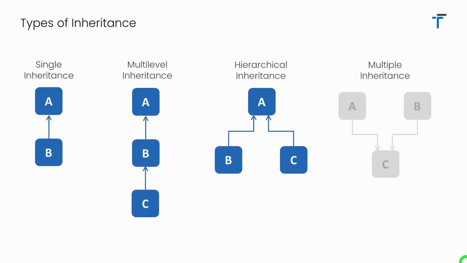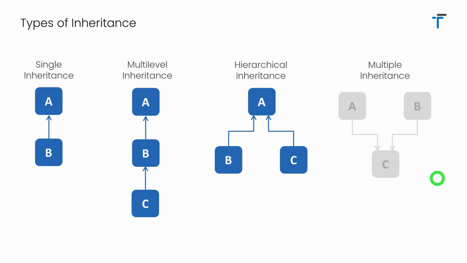The fourth type of inheritance is multiple inheritance, where we have one subclass that has multiple superclasses. You can observe here class C acting as a subclass, and it has two superclasses, class A and class B. In Dart, we cannot use multiple inheritance. It means for a given class, we can extend only one class directly.